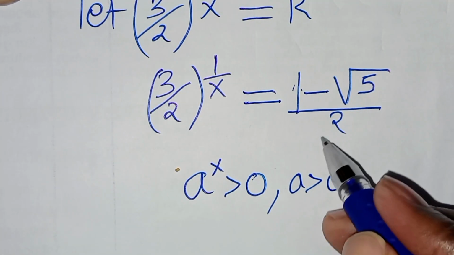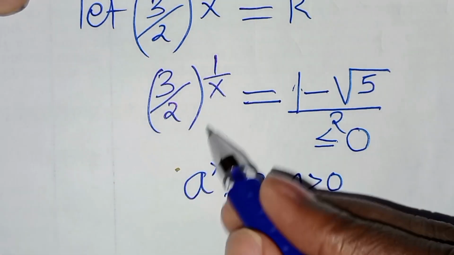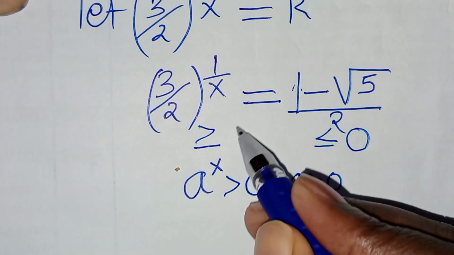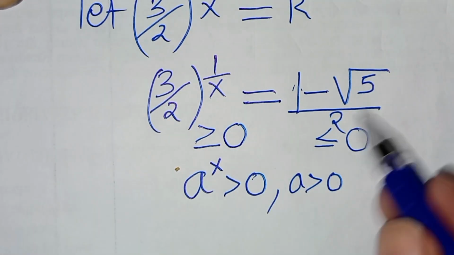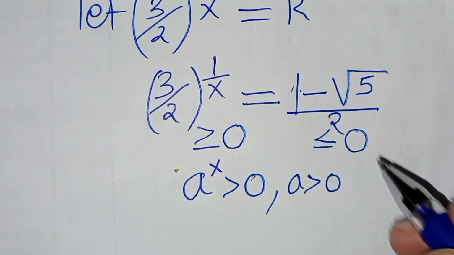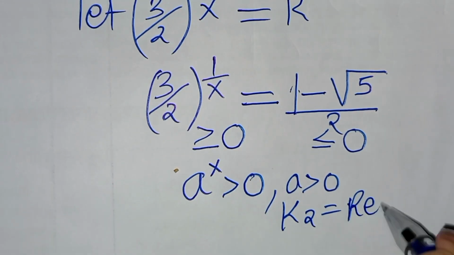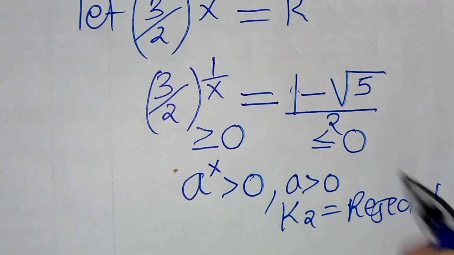But from here, this is less than 0. So the left-hand side is greater than 0, but the right-hand side is less than 0. So this means that k2 will be rejected.